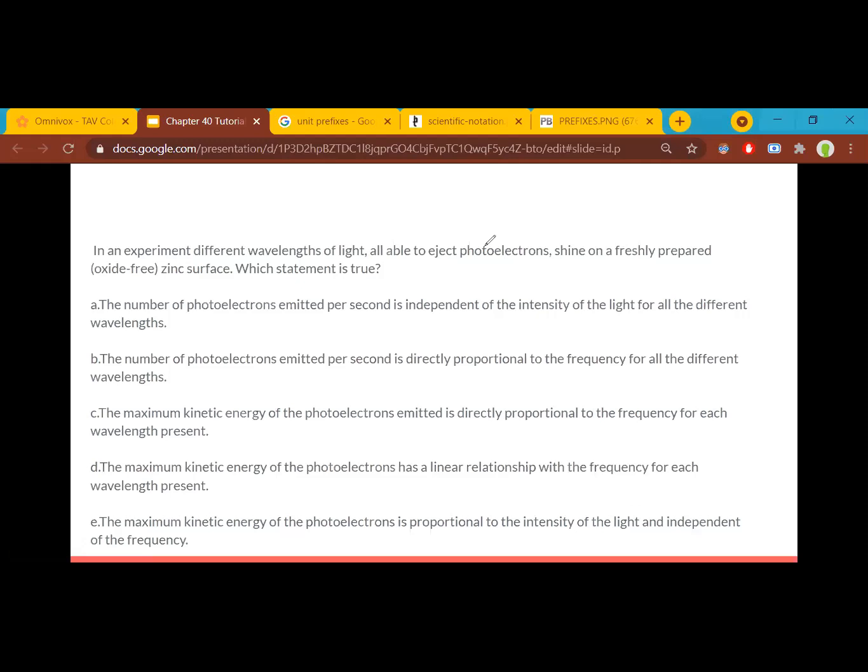Okay, so this one basically says that intensity has no effect on photoelectrons emitted per second, and that's actually not true, because more intensity means more interaction. So you would see an increase in current if you increase intensity.